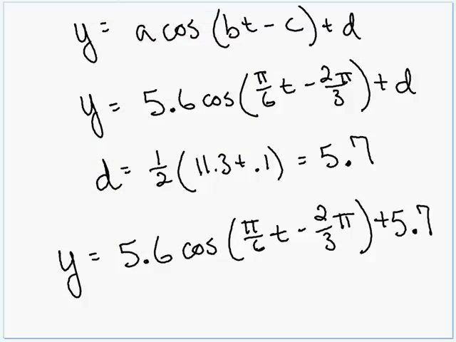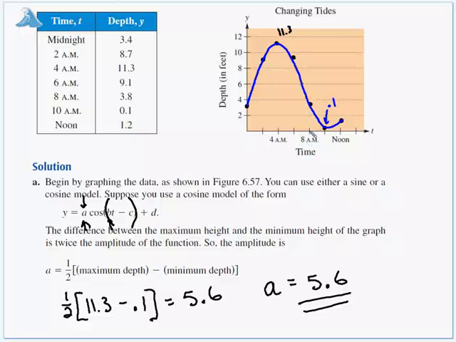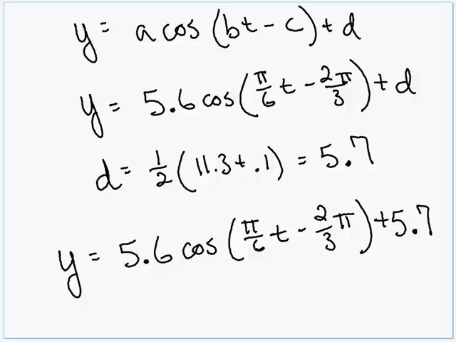After 8 o'clock it was 3.8 feet, and then by 10 it went down, so we were decreasing, and our answer of 0.84 does fall within that range somewhere. So that answer is reasonable.